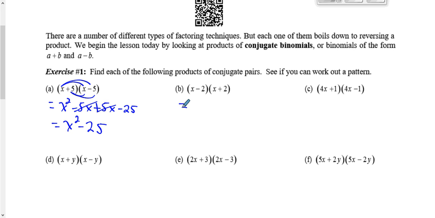I want you guys to distribute that on your own and tell me what you get. Go ahead. Did you get x squared minus 4?